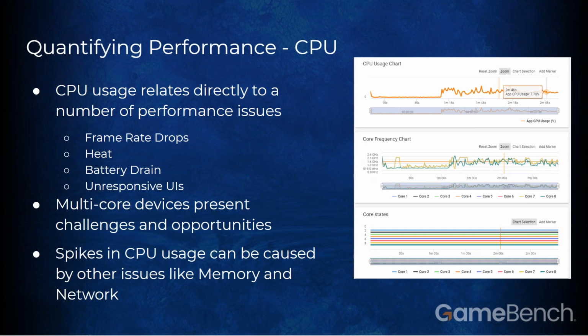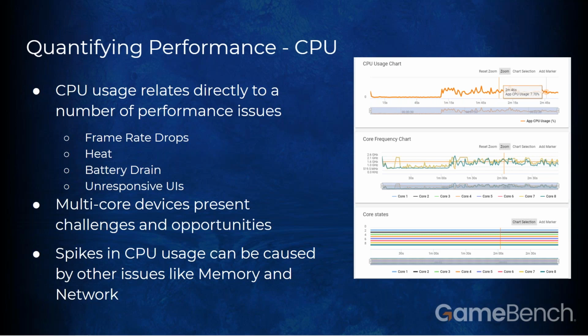And CPU as a metric relates to so many performance issues. We just mentioned frame rate drops, heat on a device. There are a number of really negative reviews that we read on a constant basis where people are complaining about their devices getting hot as they hold them in their hands. Battery drain.